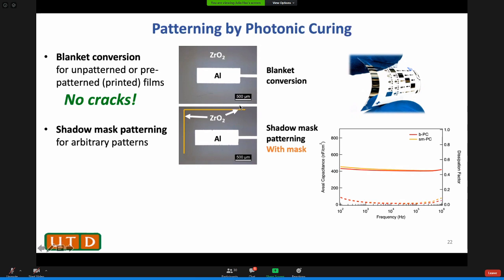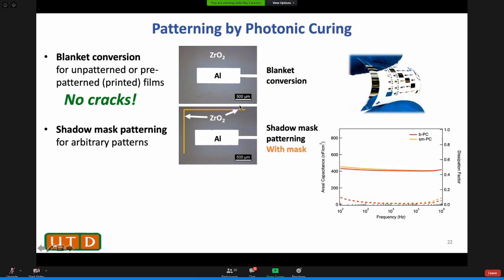And it turns out that it's dictated by how small we can make this metal pattern, which is, in this case, 5 microns.